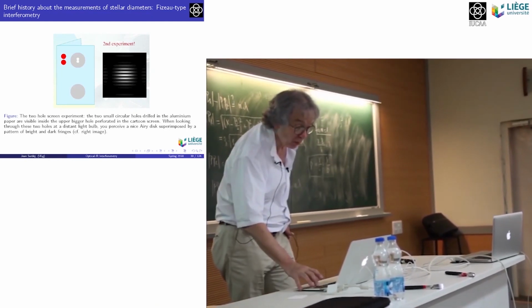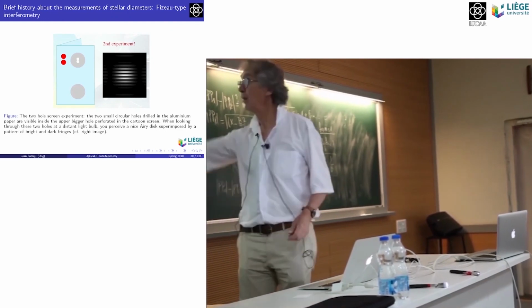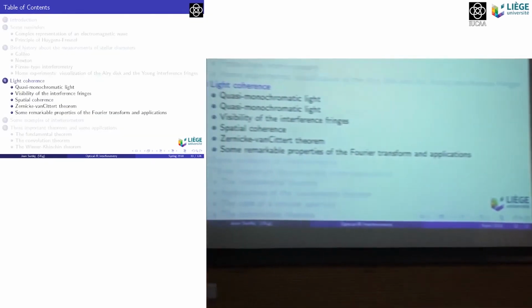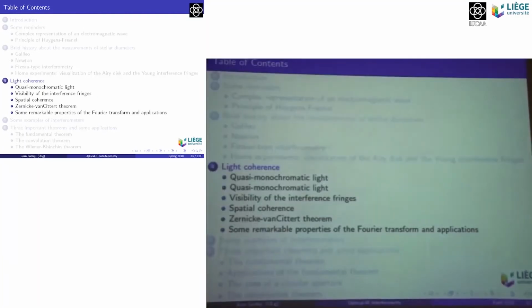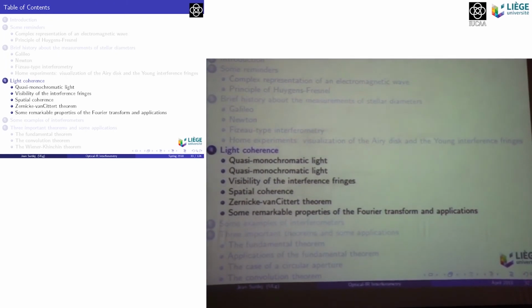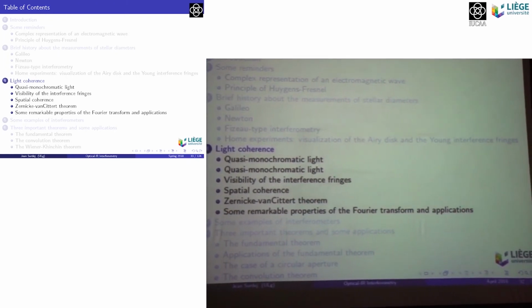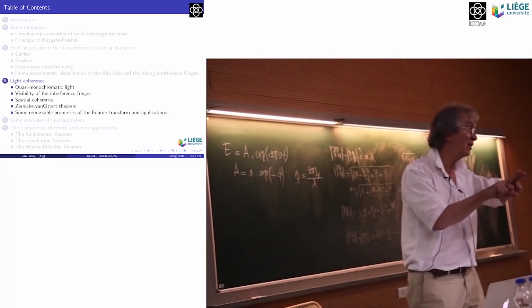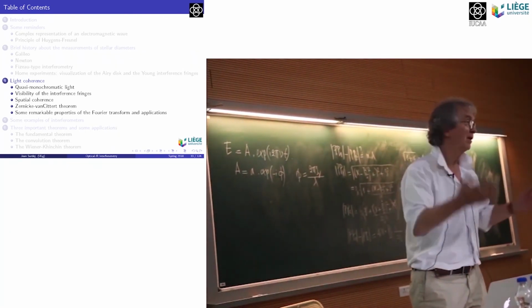So next time, I will address the problem of the coherence of light, exactly the fact that astronomers don't work with white light. They don't work with monochromatic light, because if you work with monochromatic light, it means that the bandpass is so narrow that you don't get any photons.